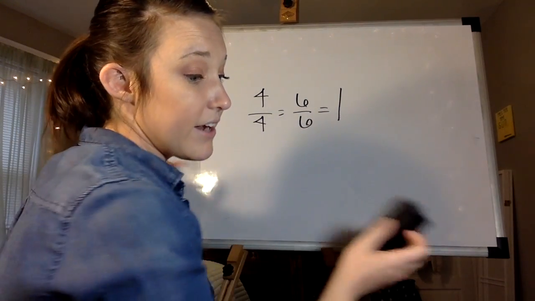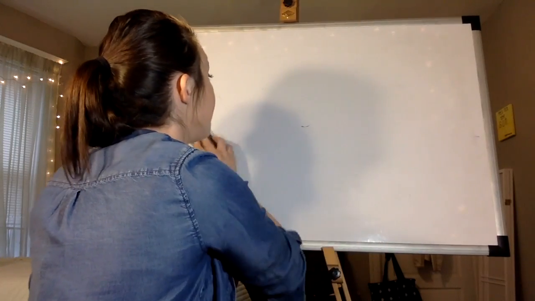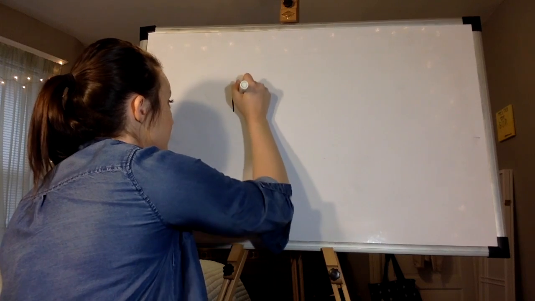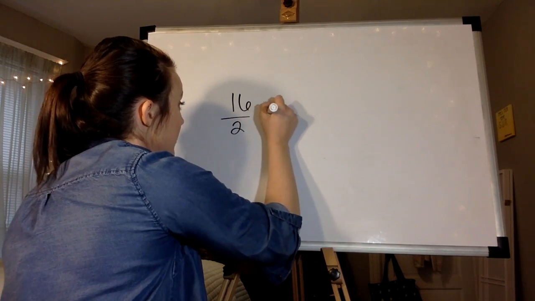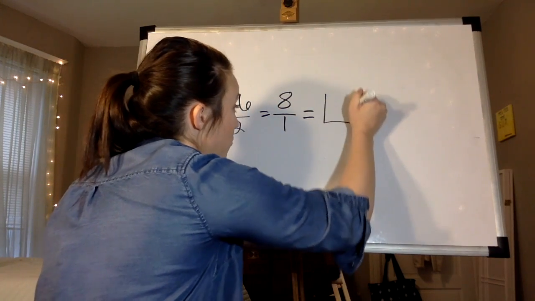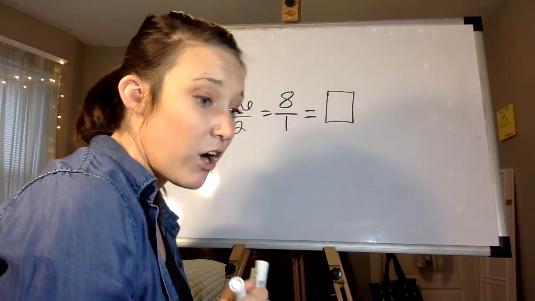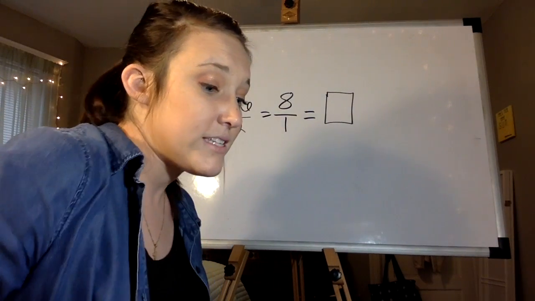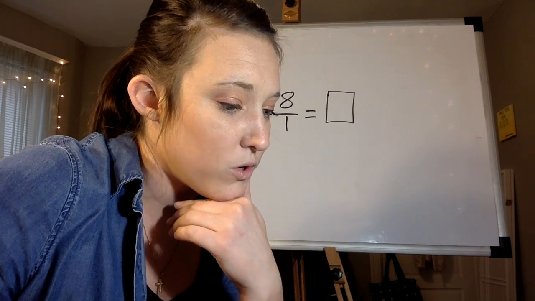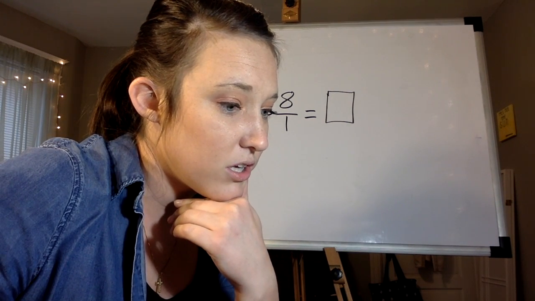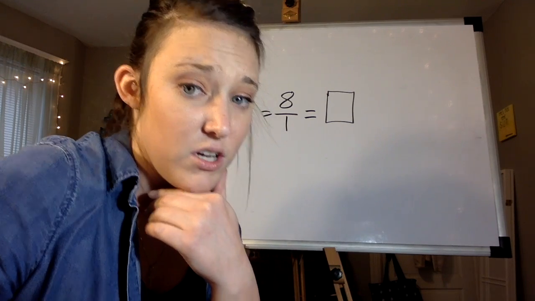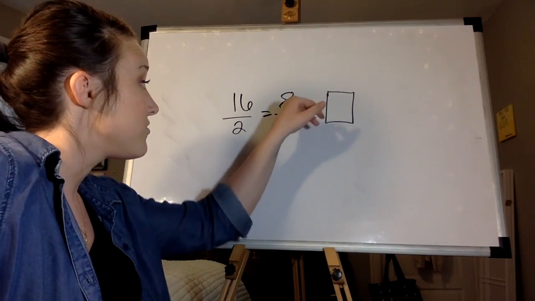But now let's look at number 6. Okay? So we have 16 halves is equivalent to 8 ones, which is equivalent to what whole number? Okay, well, I'm going to kind of think back to what we did on 496, okay? Where if I know that 2 wholes divided into 1 equal part can be written as 2 over 1, well, I'm just going to swap out that 2 for the number 8.